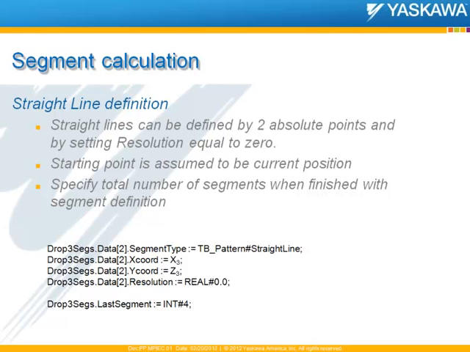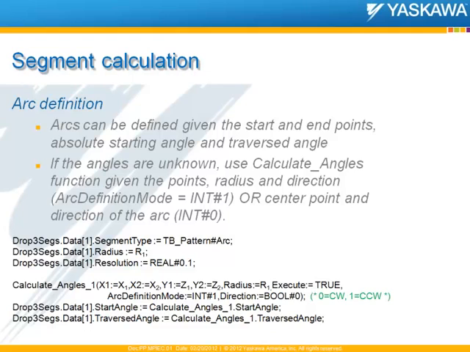Arcs are a little more challenging, but not too bad. You define an arc by giving the starting and ending points of the arc, and also the absolute starting angle and the traversed angle. Now sometimes those angles are a little tricky. So if you don't know them, we've built an additional function called calculate angles. It's a little easier because now you can define this arc by giving it either the center point and direction, or by feeding it the radius.